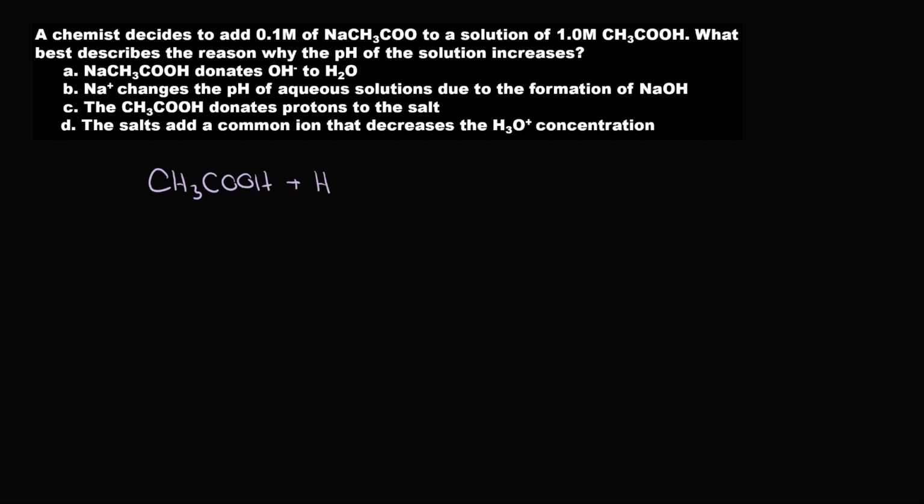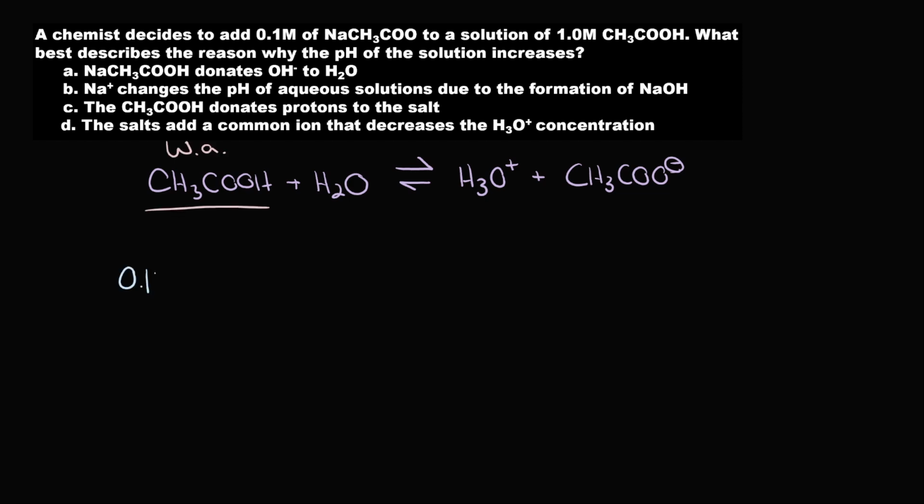Whenever it's added to water, it will act as an acid. It will donate the proton to the water, making H3O plus, and then its counter ion CH3COO minus. This is the reaction that we would have for a weak acid. The chemist ended up adding 0.1 molar of NaCH3COO to this specific solution.